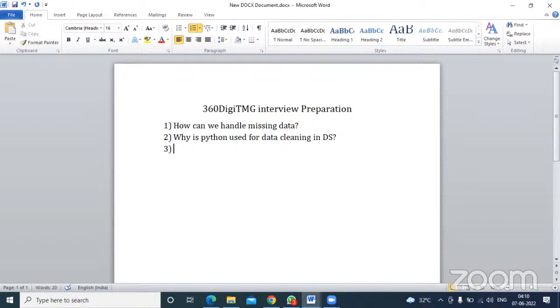The next question is: what are the popular libraries we use for data science?